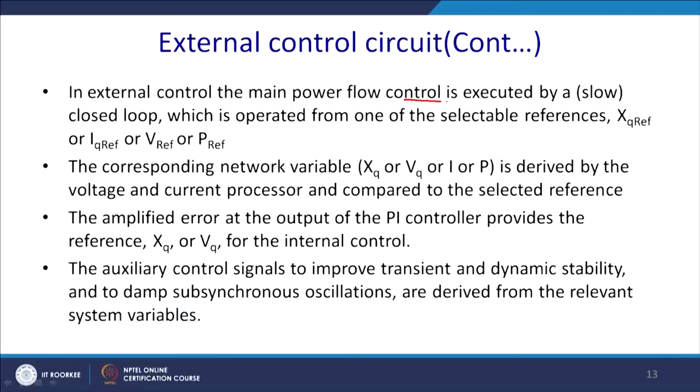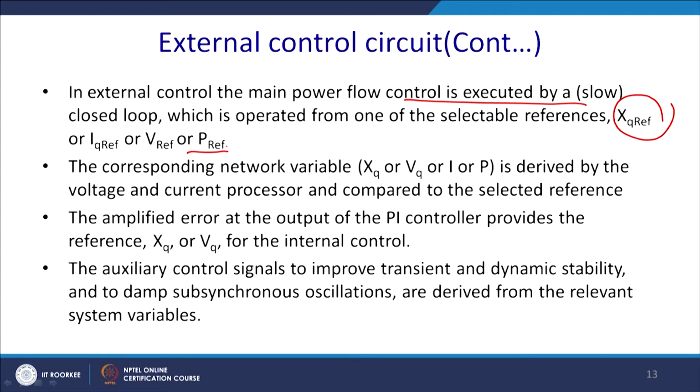So, in internal control, the main power flow control is executed by a slow closed loop, which is operated from one of the selective references, that is XQ ref, IQ ref, V ref or P ref, whatever may be.